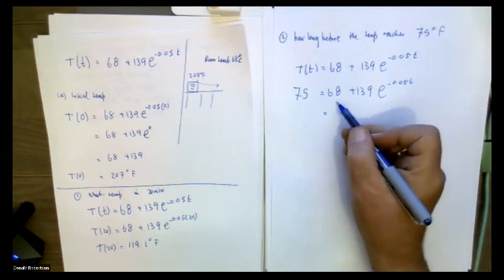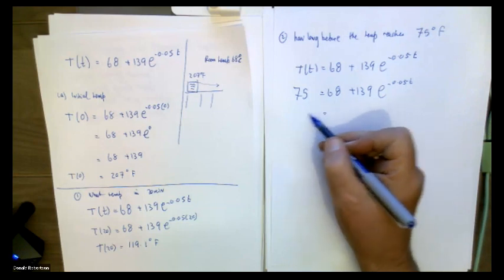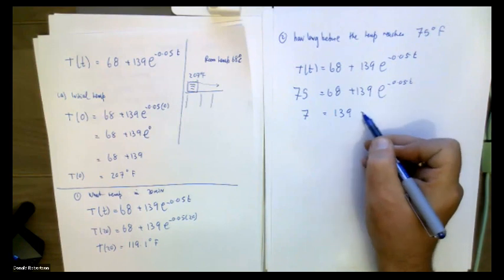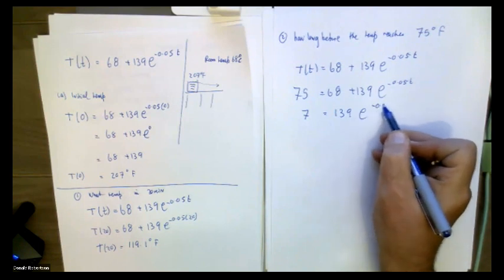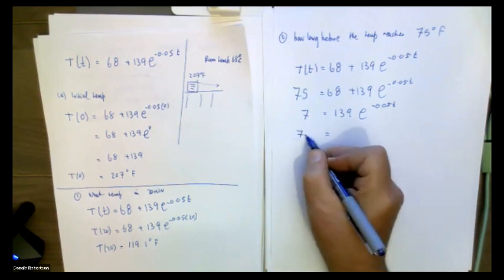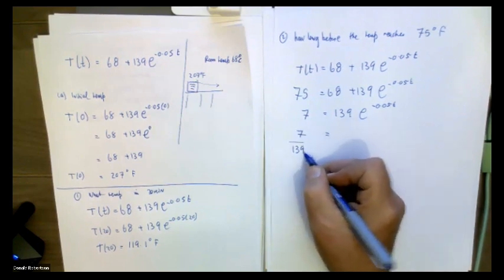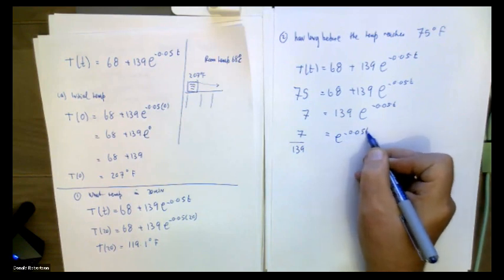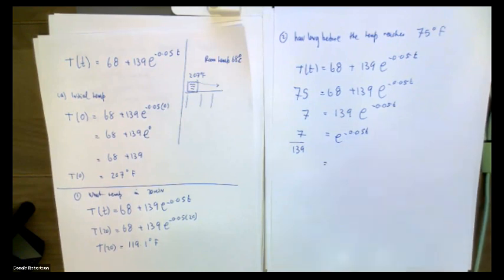Well, I would subtract 68 from both sides, and that would leave me with 7. I would then divide both sides by 139. What do you think I'm going to do to both sides now?